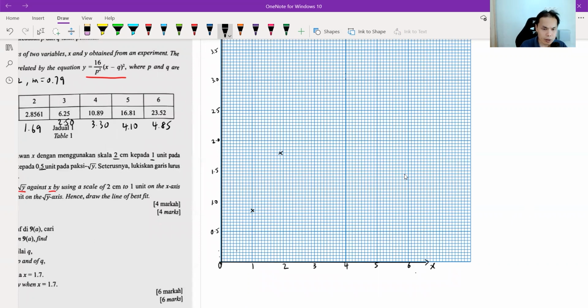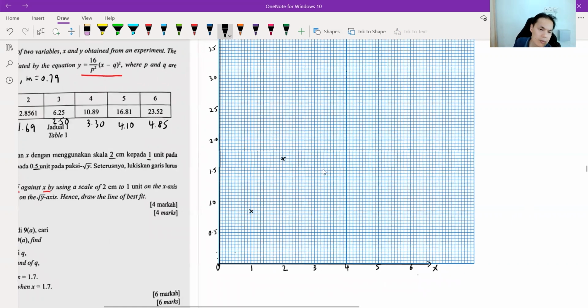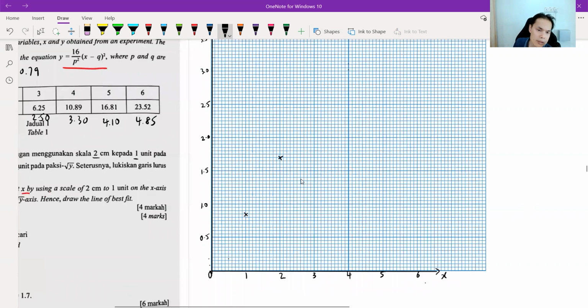Sorry, this is 1.8 actually. 1.7 should be a bit lower, one more lower here. Sometimes it's a bit hard to see, but yes, this is correct.